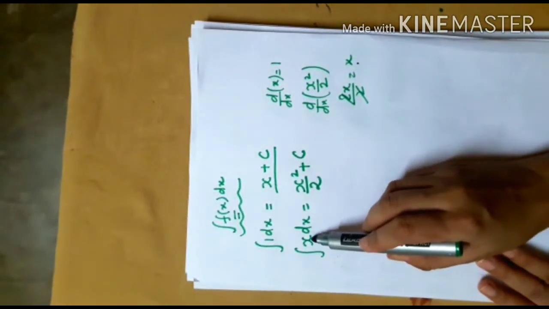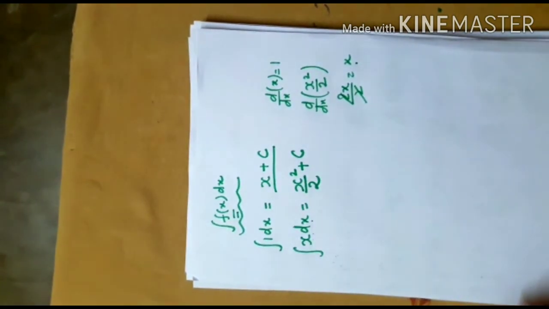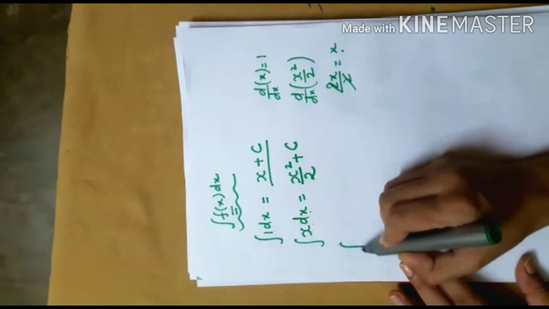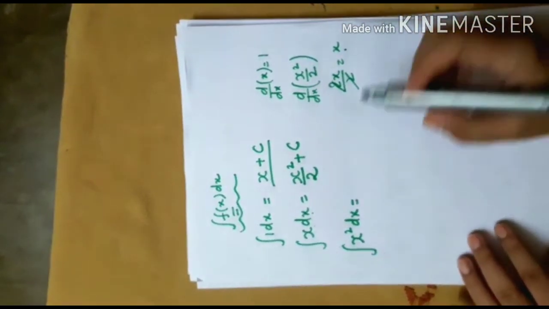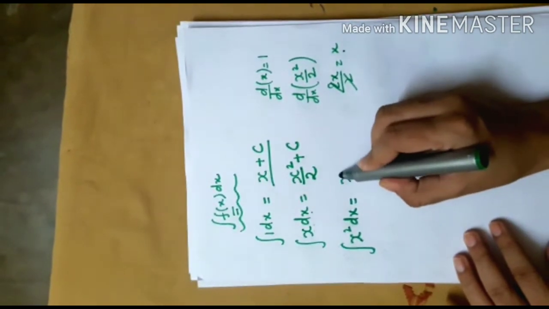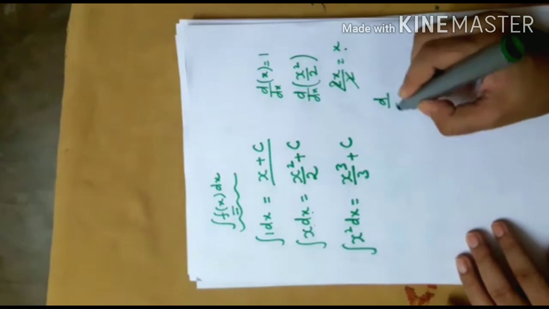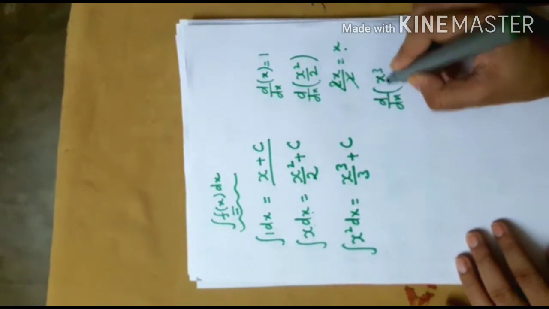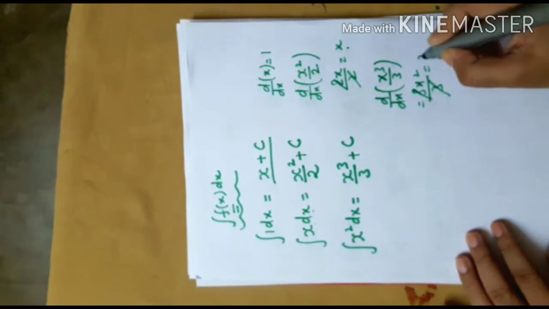So, integral of x dx will be x square by 2 plus c. Similarly, integral x square dx will be x cube over 3 plus c, because derivative of x cube by 3 will be 3x square over 3, that is x square.